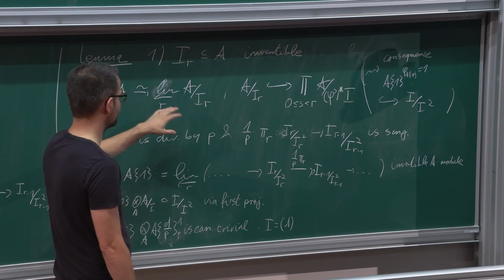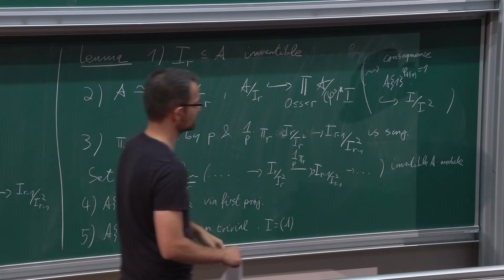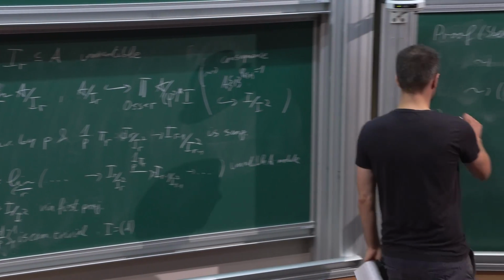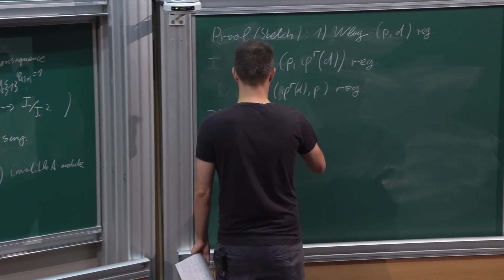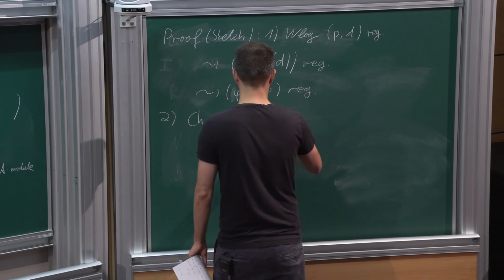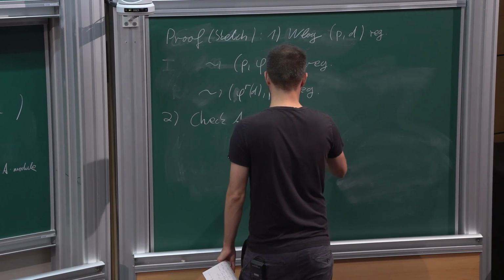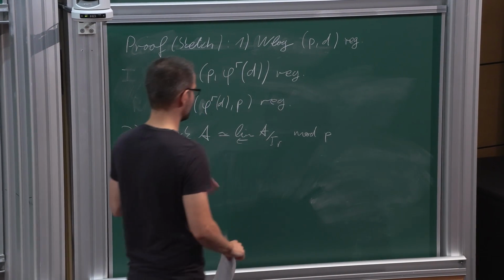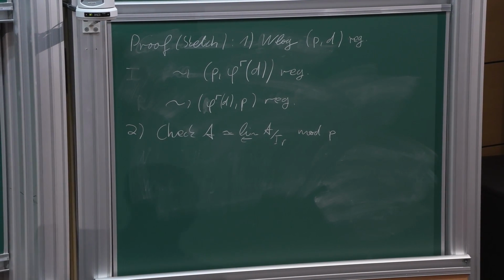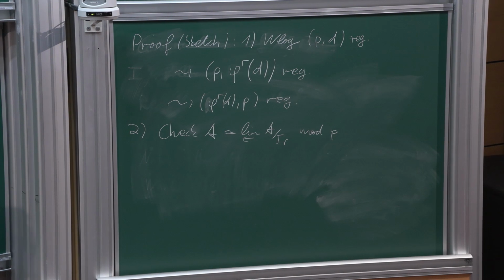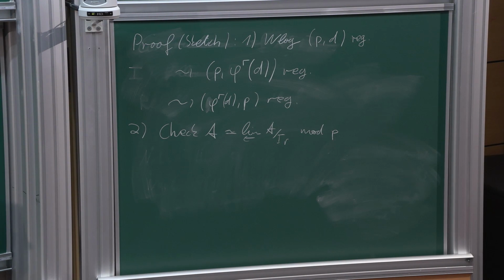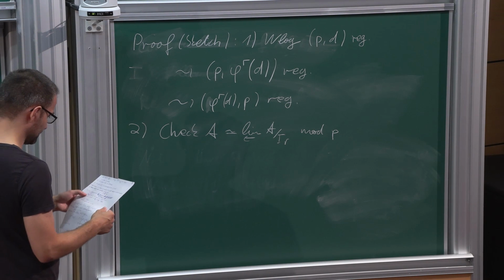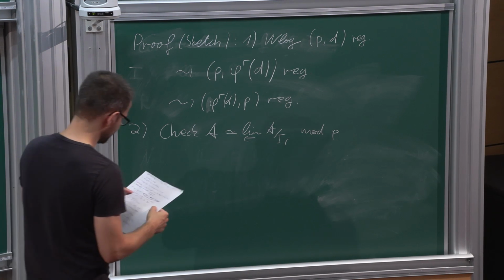And then if one has this p-torsion freeness, one can just check this modulo p. And there, modulo p, these ideals I_r are just some power of I, and then it follows from I-adic completeness.